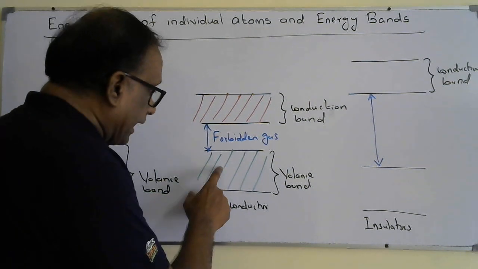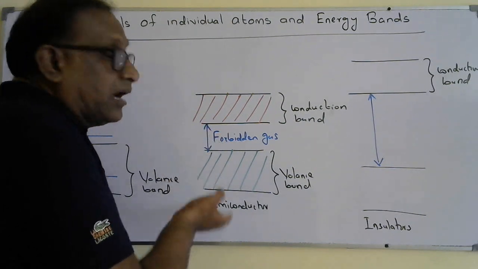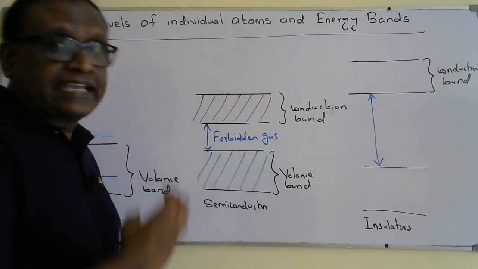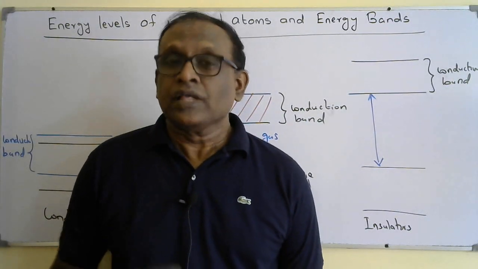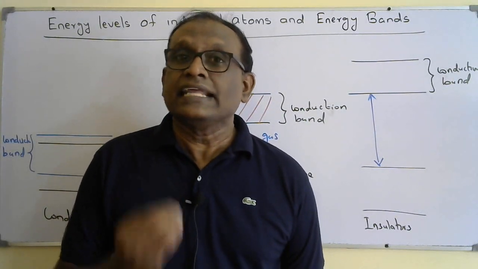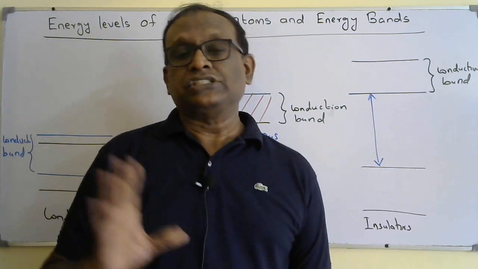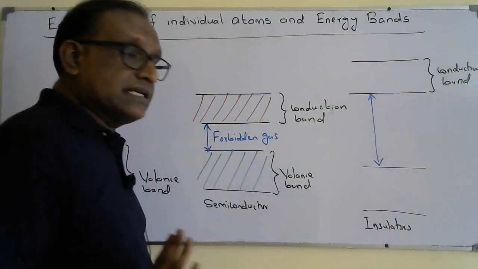When electrons are released from the valence band, there will be an electron vacancy in the valence band. That electron vacancy is called a hole, H-O-L-E, hole.